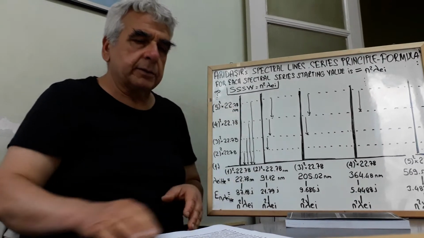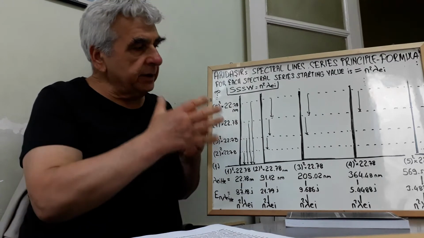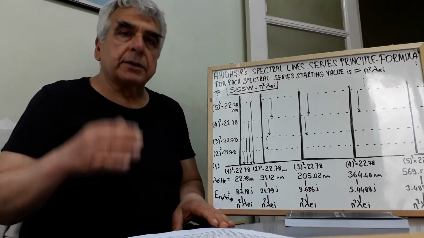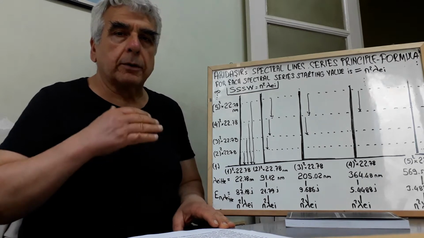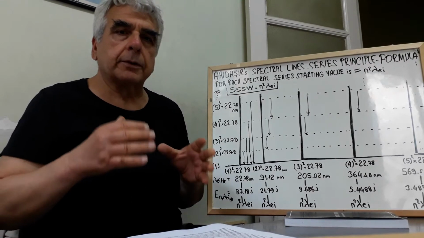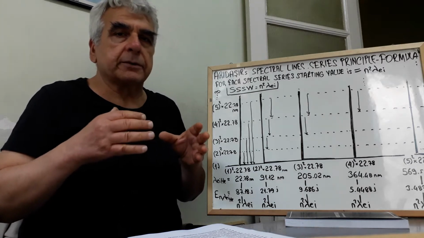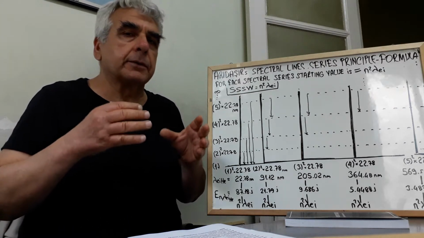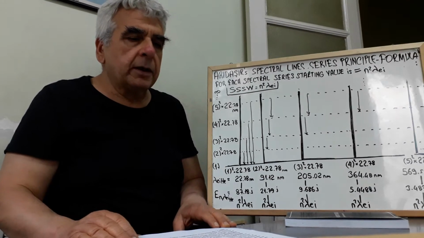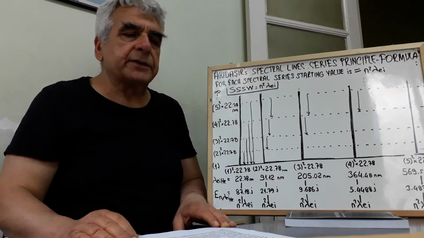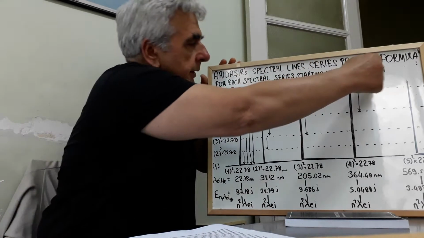But here, this formula, or these formulas, is valid for all atoms, for all spectral lines, and for all spectral line series for all atoms. ARIDAŞIR's spectral line series principle formula.